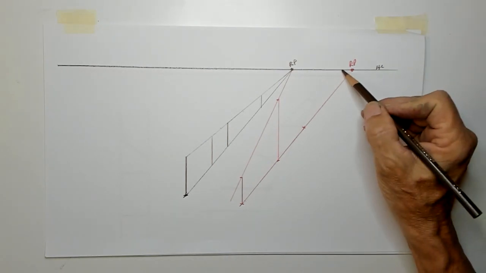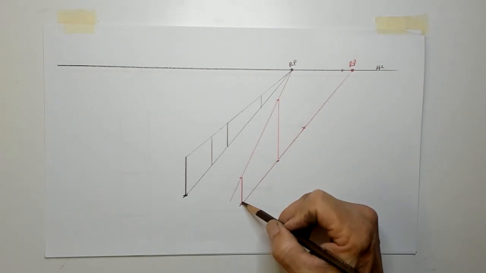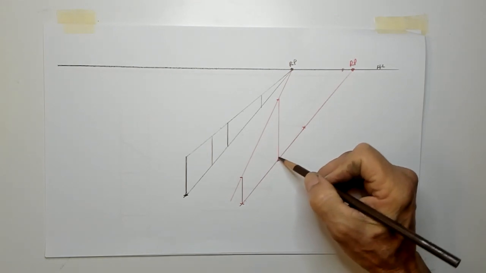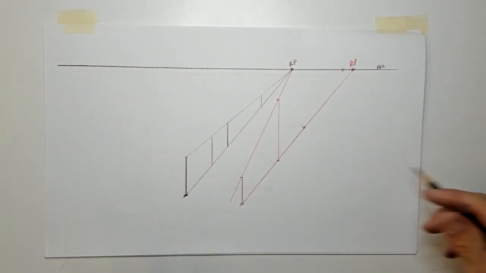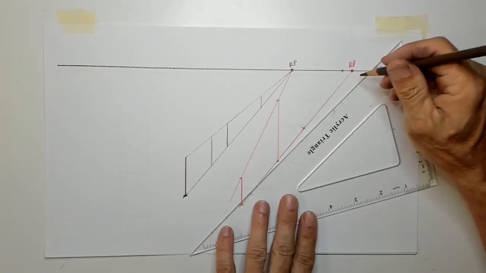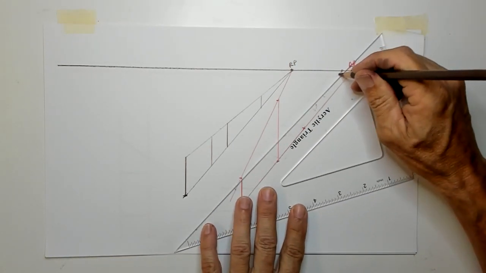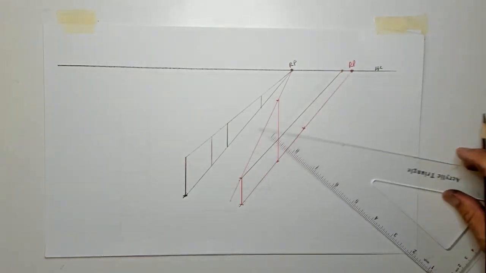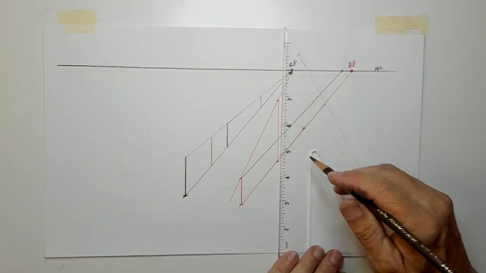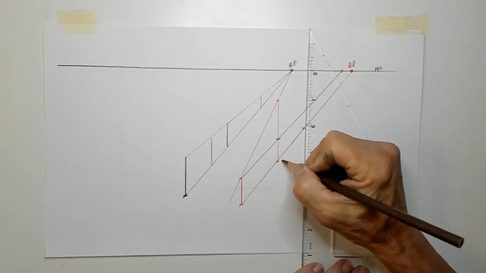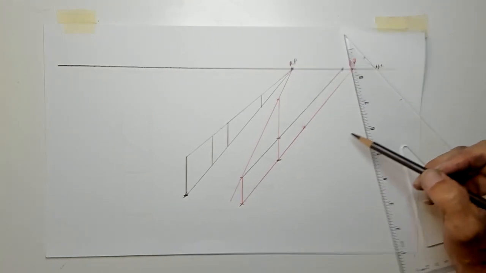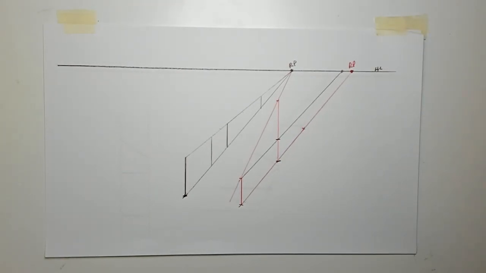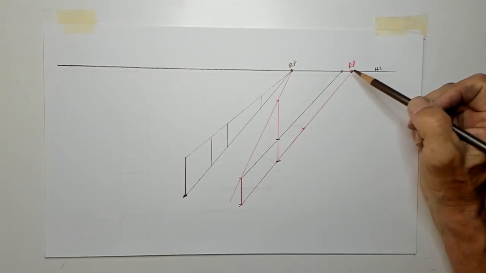You might have a vanishing point or a measuring point right there, and you take this and you bring it to here, and then you go do something else, and then you come over here and you go to the wrong spot like that. Then it can look like they are pretty darn close to being correct, but this is not right because they need to go to the same dot.